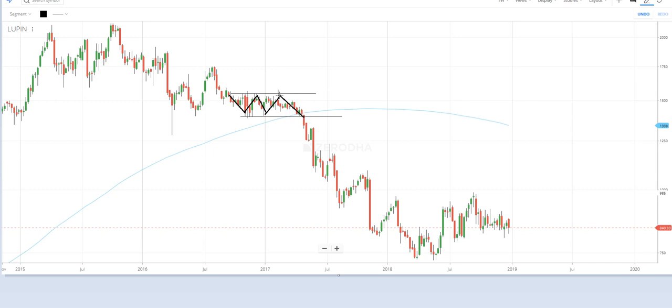It will break on the downward side, right? So what happened here? Once it breaks down, you should wait for a pullback, because good things come to those who wait, right? If you waited here, there is a pullback rally, you can see here.